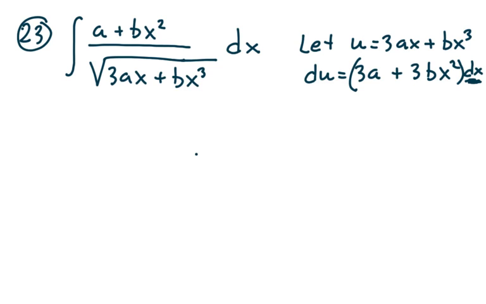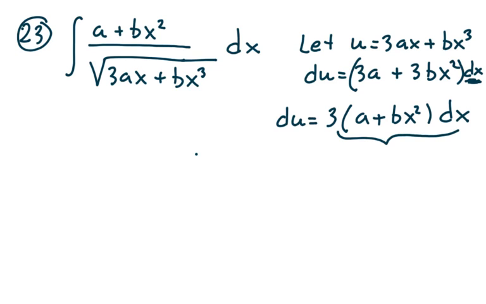Now, what I'm going to do is factor out the 3, and I get a plus bx squared dx. So I'll be darned. I can solve for a plus bx squared dx by dividing both sides by 3.